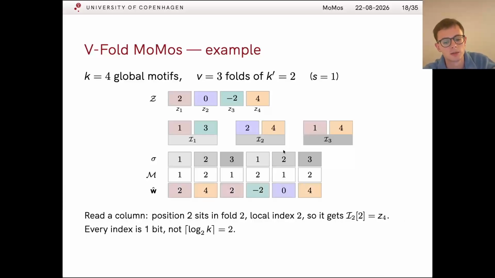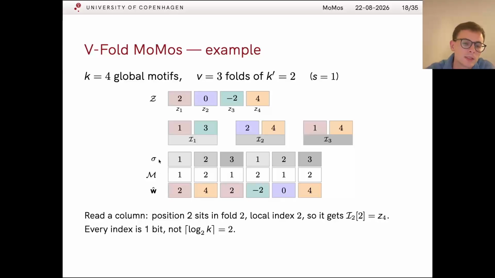In this way, the index map gets halved. Generally, we don't really halve the index map, but in this specific case we do, because you would need 2 bits to index 4 motifs, but here, since there is this indirection, you only need 1 bit to index each motif in the fold.